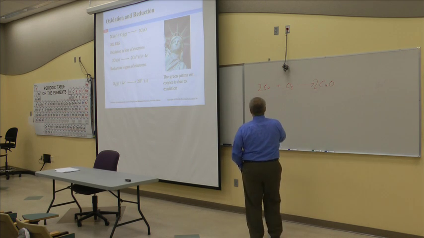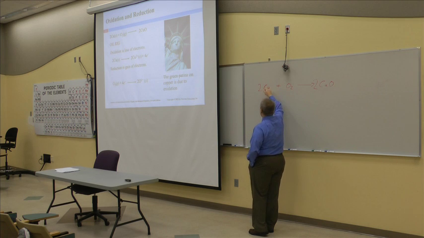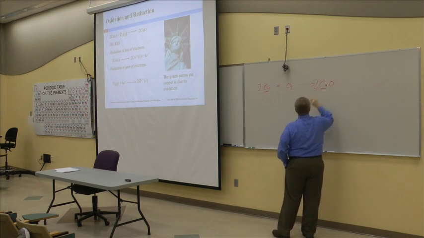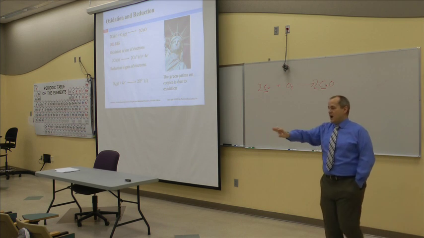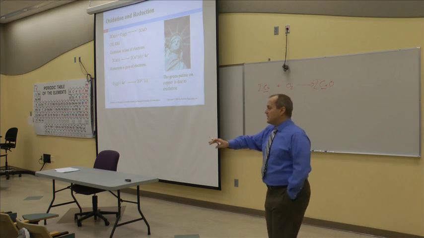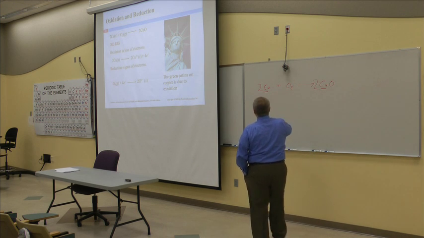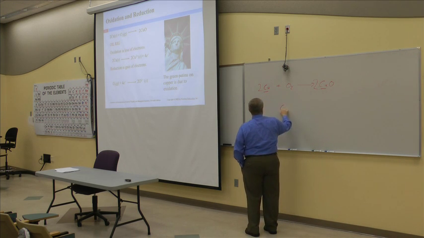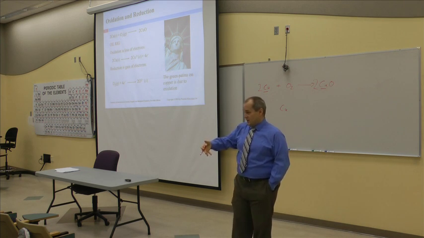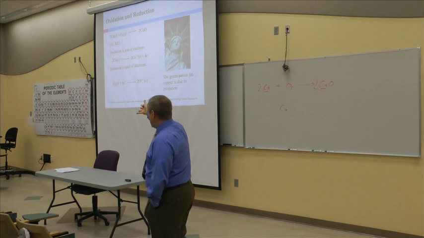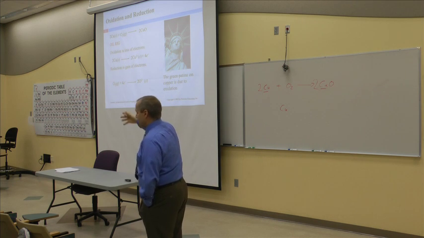Okay, so right here, let's just examine copper. Here we have copper, and here we have copper. We're only going to look at the copper and ignore the oxygen for now. On the left-hand side, this is copper metal, right? Lady Liberty is made of copper metal. Copper metal is an element on the periodic table, element number 29.